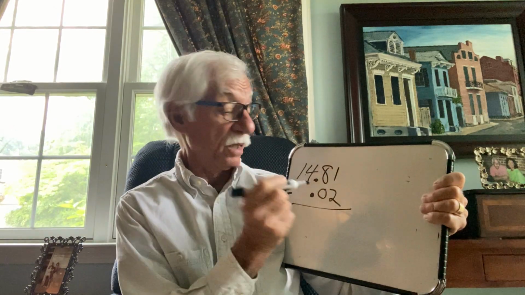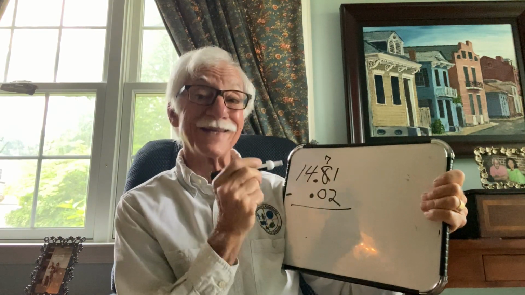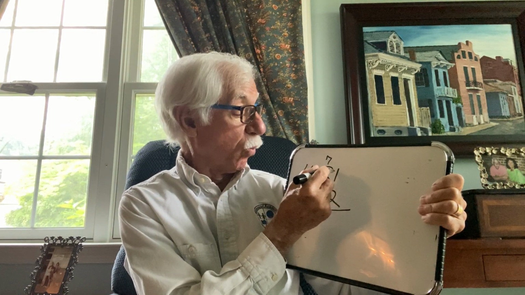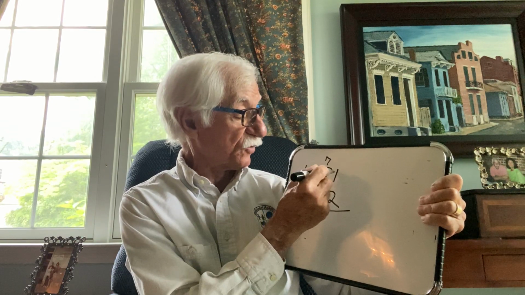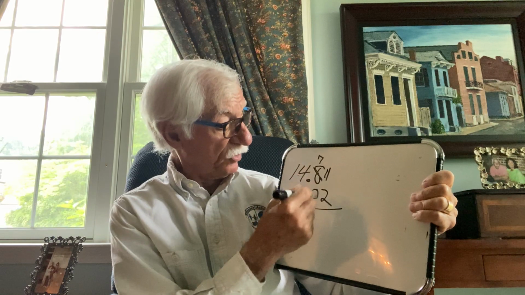So let's see what we're going to do here. This is the hundredths place value. Can I take 2 hundredths from 1 hundredth? No, I cannot. But I can come here to the tenths place value, take one of them, that'll leave me with 7/10. And 1/10 can be exchanged for 10 hundredths. So now I have 11 hundredths.